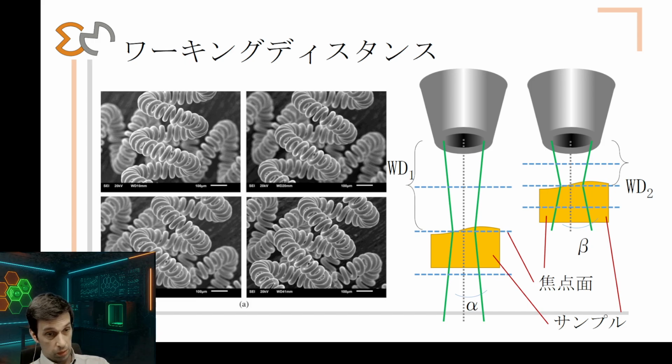Then as we increase the working distance, so the sample goes farther away from the lens, we are able to see the spirals in the back. They get in focus. When it is 41 millimeters, both the spiral on the top and the spiral in the back are more or less in focus. This is because the closer we get to the lens, the wider the angles, so the smaller the area that can be in focus.